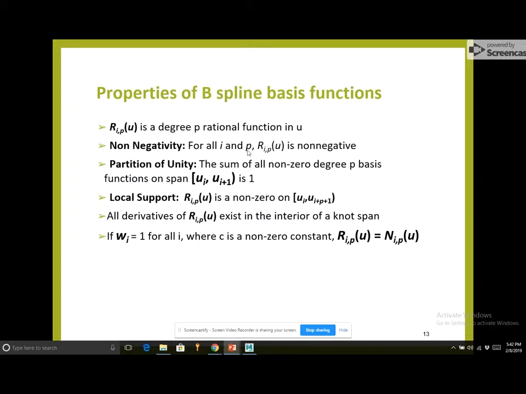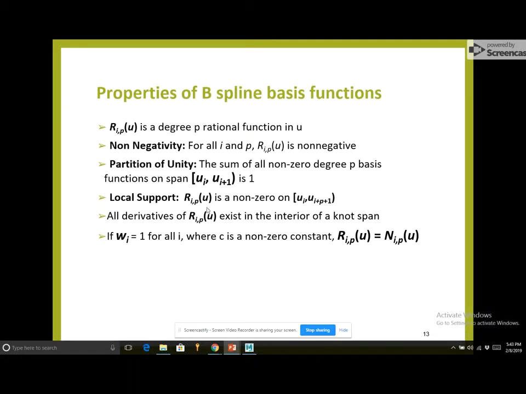What it states is, for all values of i and p, our rational basis function is always non-negative. It means its value is always greater than or equal to 0. Next, partition of unity: the sum of all the non-zero basis functions on this span or interval is always 1.